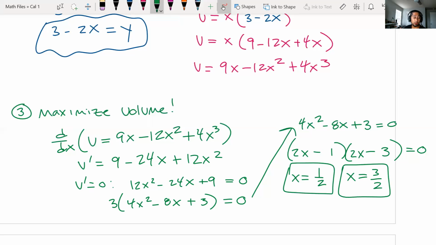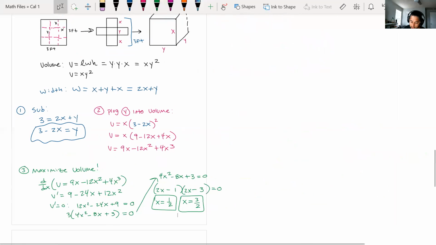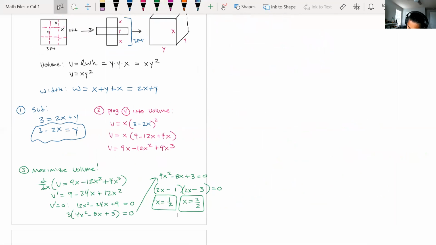So now, I think we have 2 more steps actually. We have to find y. And y was equal to 3 minus 2x. But now we have 2 x values to plug in. So let's see which one works.